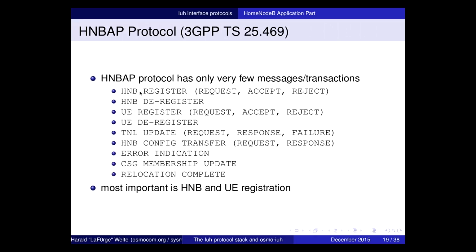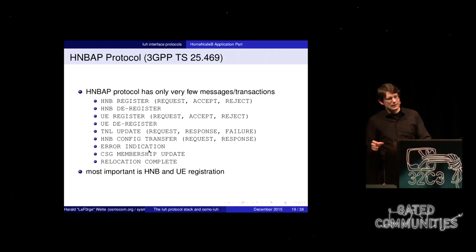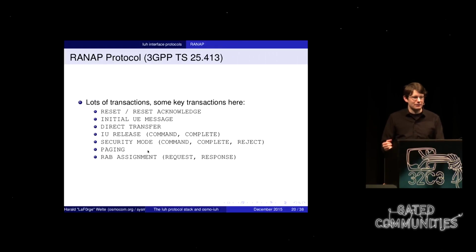So HNB is the Home Node B registration. We have registration request, accept, reject, deregistration. We have the same for mobile phones. We have some more detailed transactions that I'm going to skip, but it's really very simple. Conceptually, it's not very complex. You don't have massive state machines or anything like that. Very few, very limited messages.